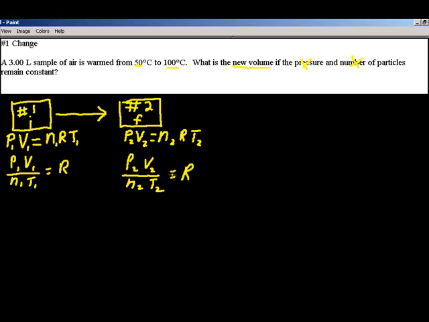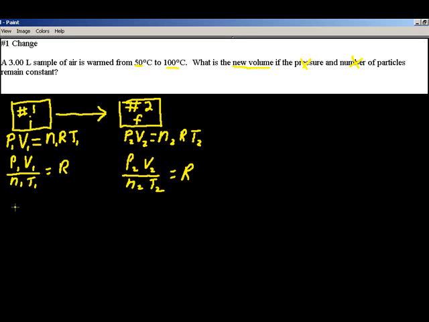They both equal R. Now, I never said that the pressure inside the initial and the final had to be the same, or that the volumes had to match. All I'm saying is that the overall ratios must be the same.